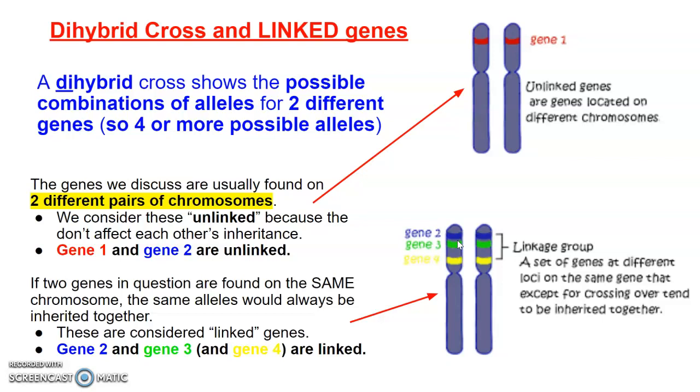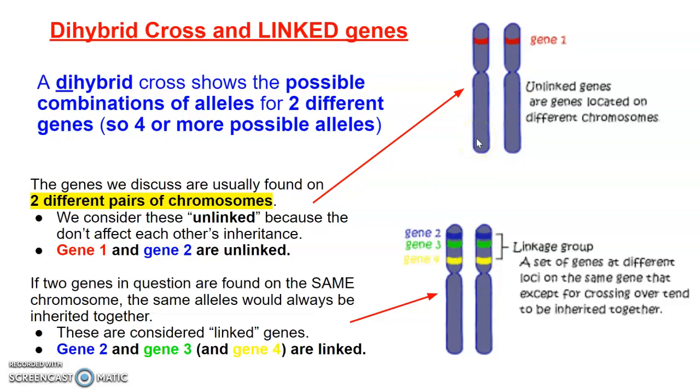Whereas if we look at gene 1 and gene 2, we could get a gamete receiving this right-hand chromosome carrying whatever allele is here, plus this left-hand chromosome carrying whatever allele is here. We could get this right-hand chromosome being inherited with this one here. We could get the left one being inherited with this one or this one.